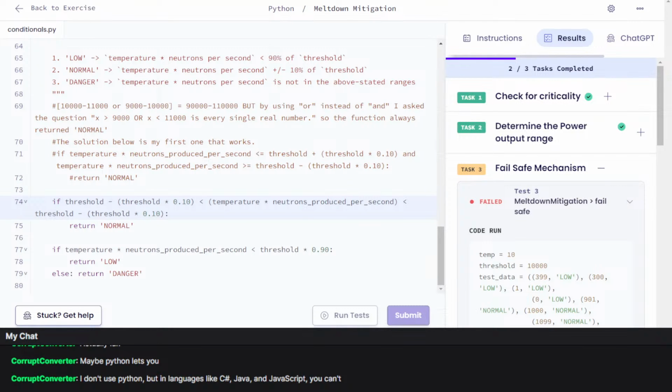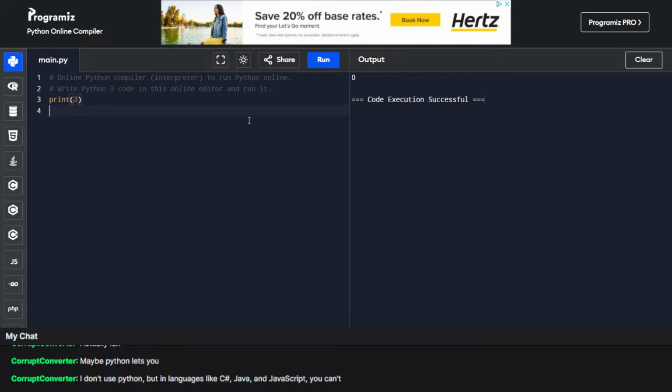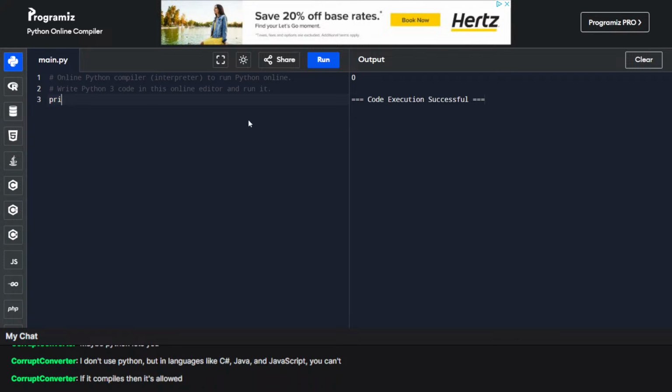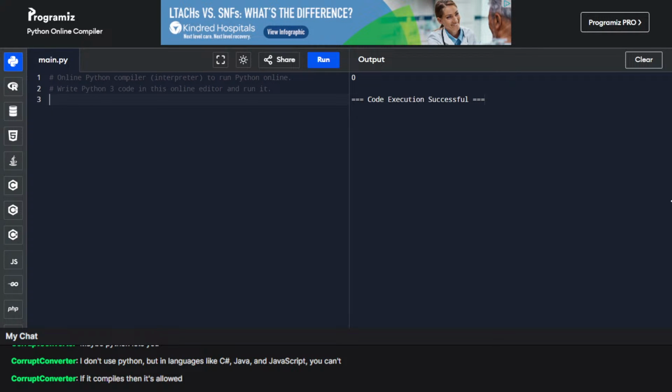I mean, I could just play with something simpler. Corrupt Converter says if... I don't use Python, but in languages like C, if it compiles and stuff. Like if... so this should be true. If, okay, x equals... can I do it like this? I don't know. 5?